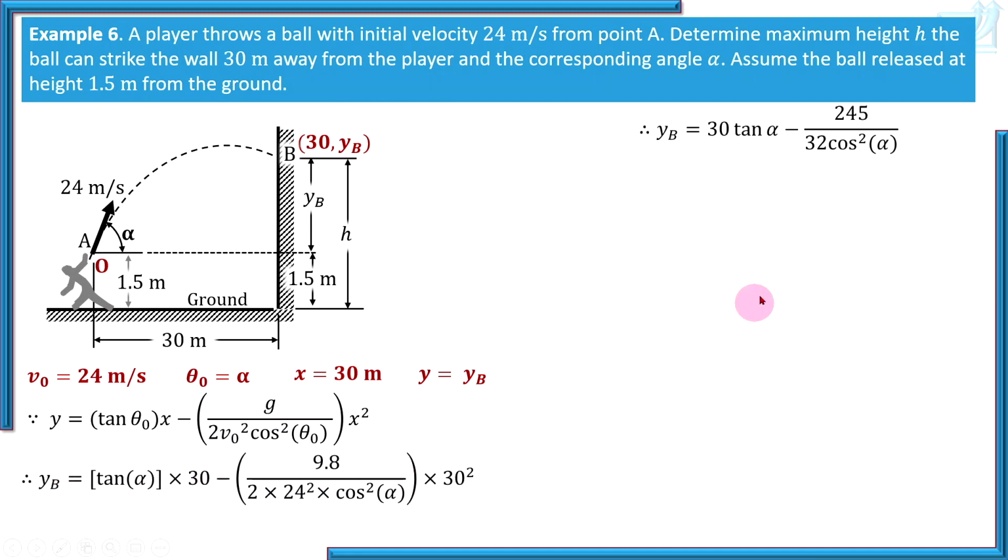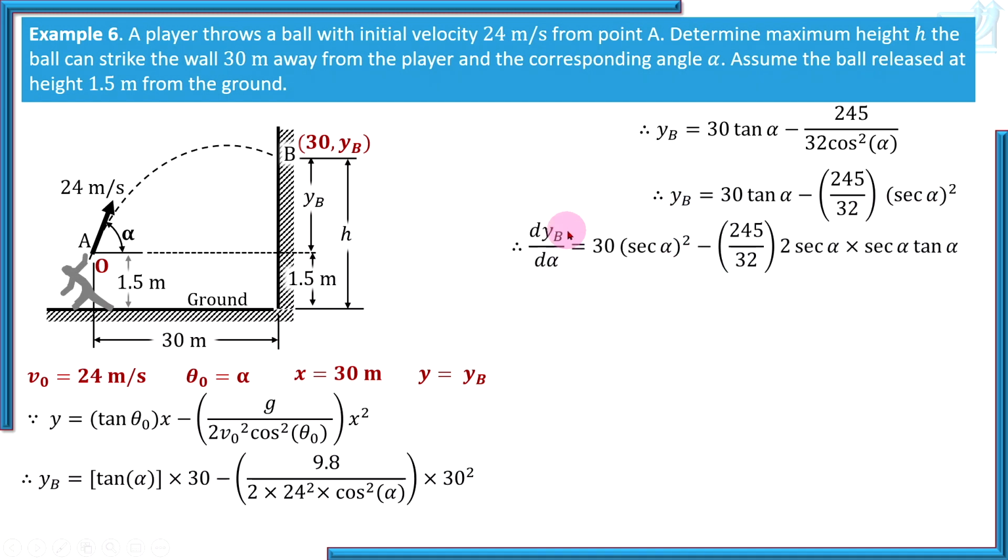Now simplify it. So this is how YB is a function of alpha. Then 1 by cos squared alpha is sec squared alpha. When YB is maximum, dy by d alpha equals 0. So differentiate the equation with respect to alpha. 30 sec squared alpha, since the differentiation of tan alpha is sec squared alpha. And here it is sec squared alpha, so 2 sec alpha, and then the differentiation of sec alpha is sec alpha tan alpha.